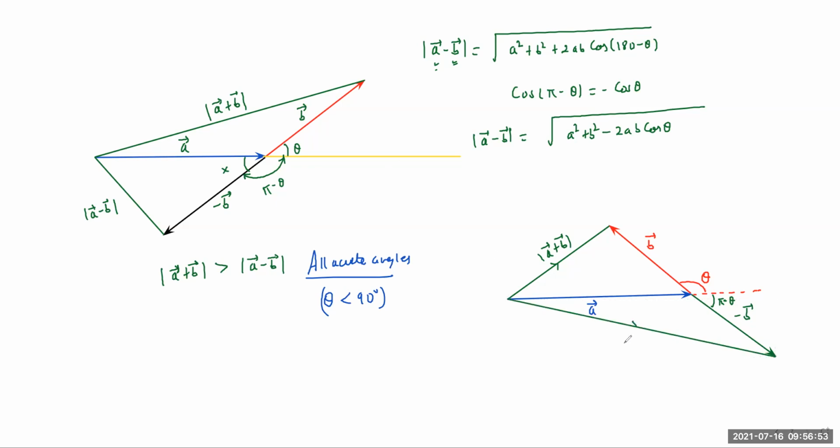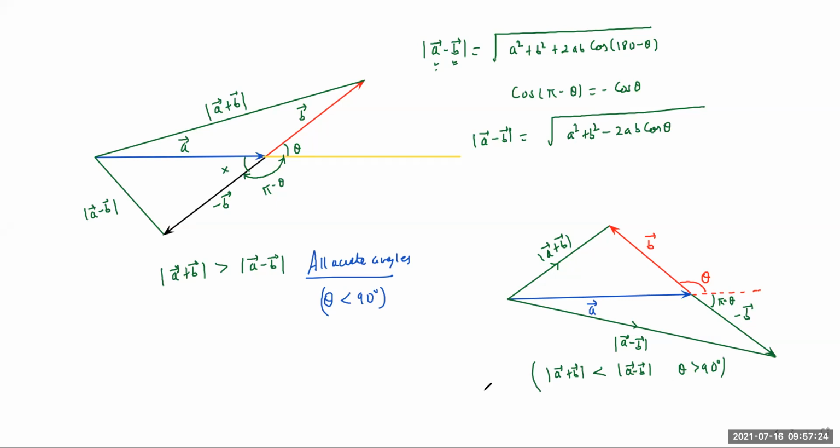This is the resultant of A and minus B. We can see that |A + B| is less than |A − B| when theta is obtuse. So these are conditional, not always true. |A + B| is bigger than |A − B| when theta is acute.